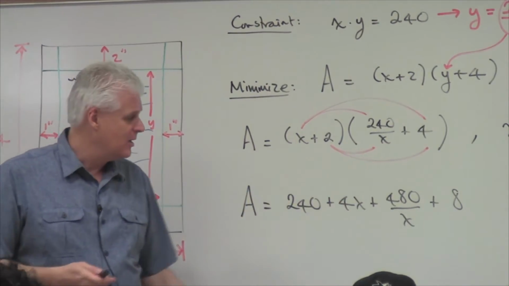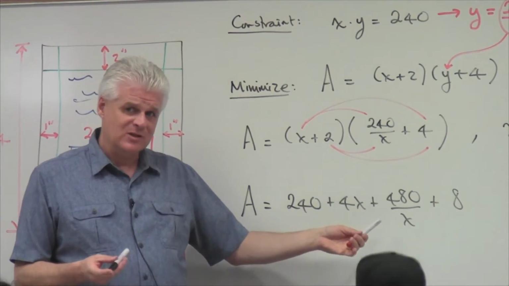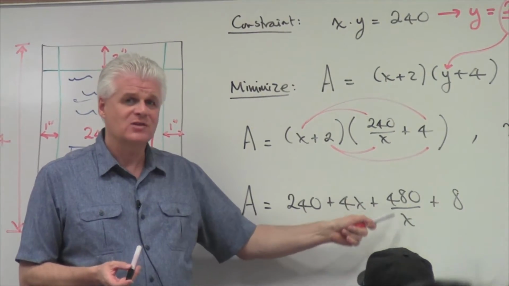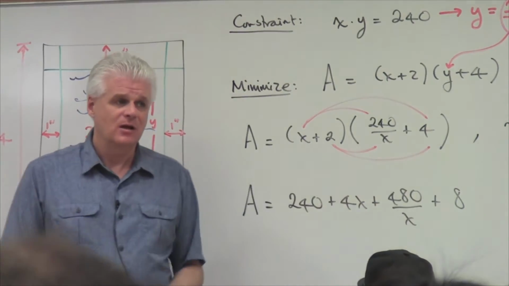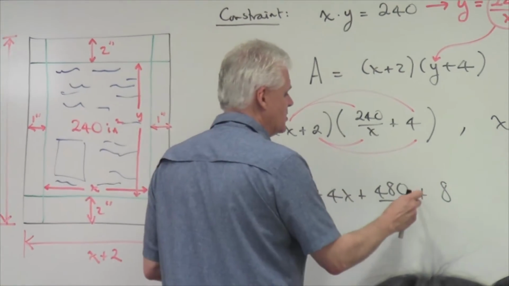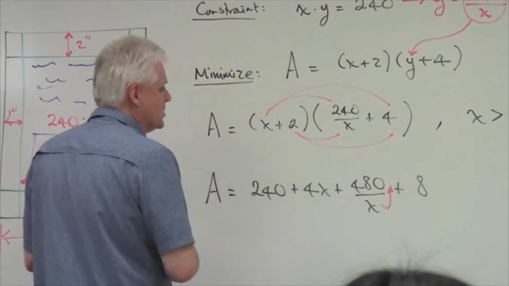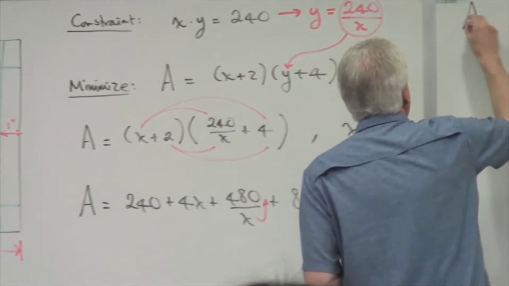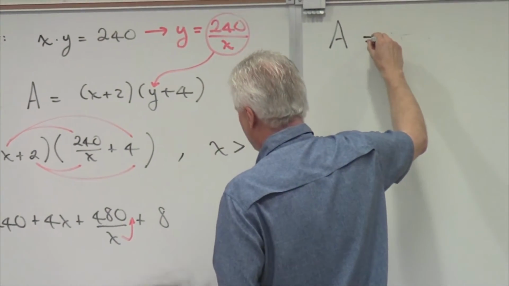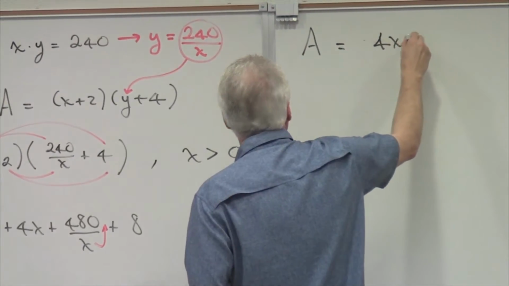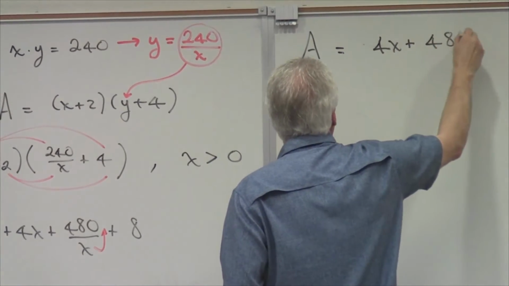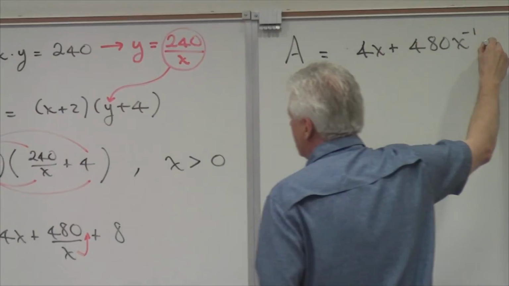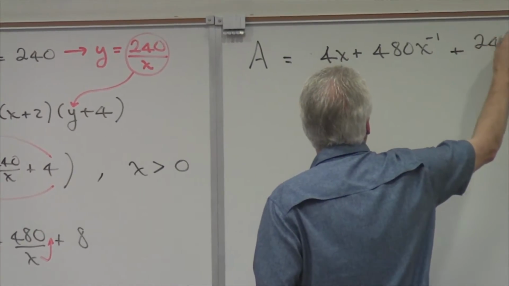I'll write that on the end. And since I'm going to be taking a derivative in a second, I'll write this 480 over x as 480x to the negative 1. It makes the derivative easier to take. So the area of the paper is 4x plus 480x to the negative 1 plus 248.